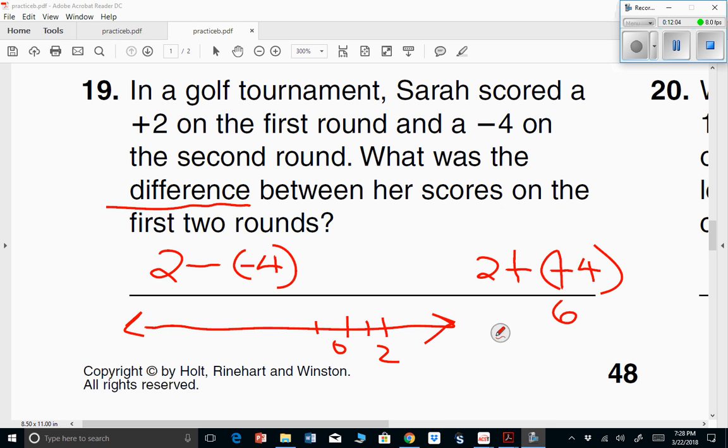Here's 2. Here's -4. How far are they apart? That's what the difference means. If you count these jumps here, you've got 1, 2, 3, 4, 5, 6. So the difference between +2 and -4 is 6.